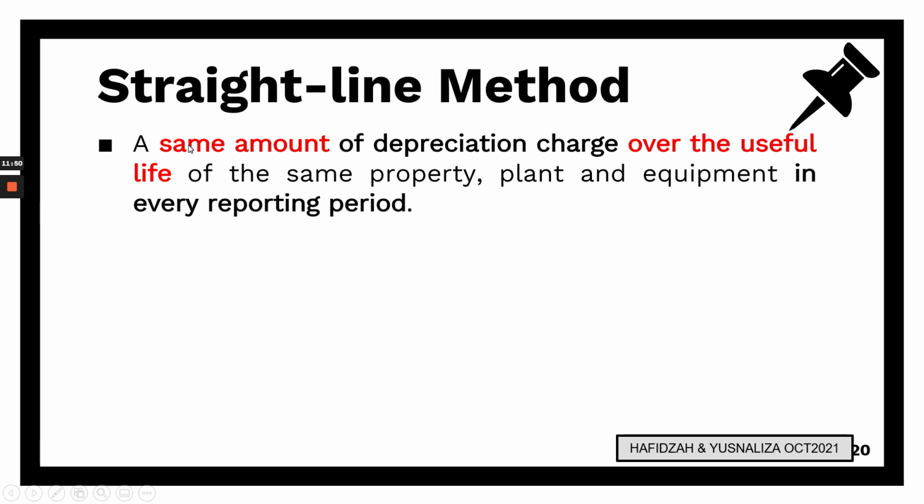We'll start with the straight line method. Under the straight line method, the same amount of depreciation charge or expense will be charged over the useful life of the property, plant and equipment. So if you have bought one particular asset, the depreciation of that asset under the straight line method will be the same throughout the useful life.